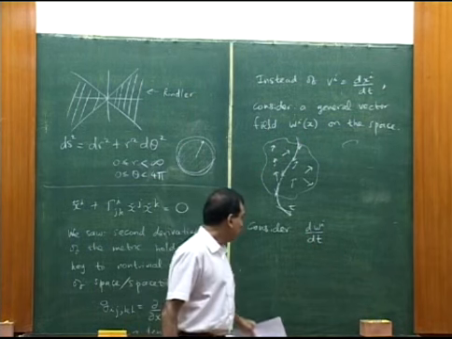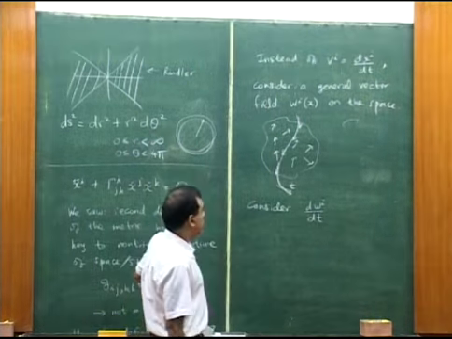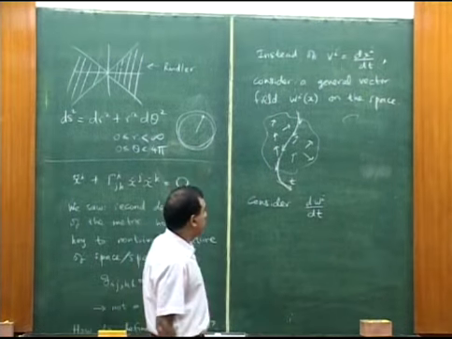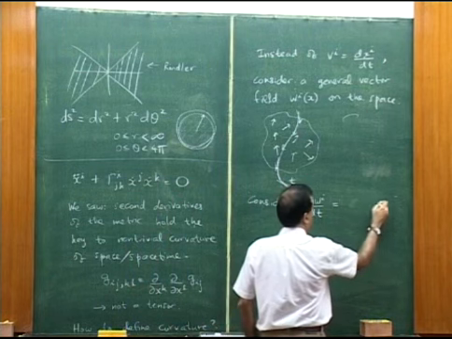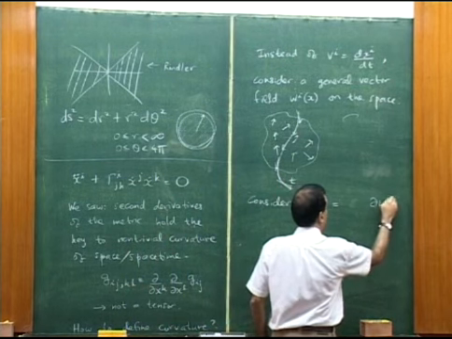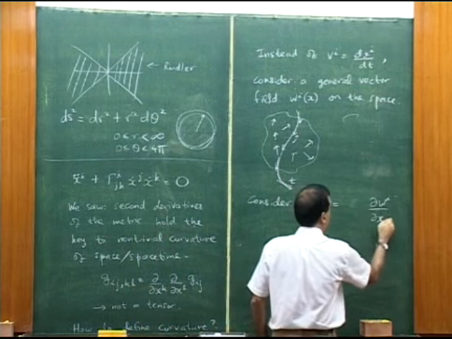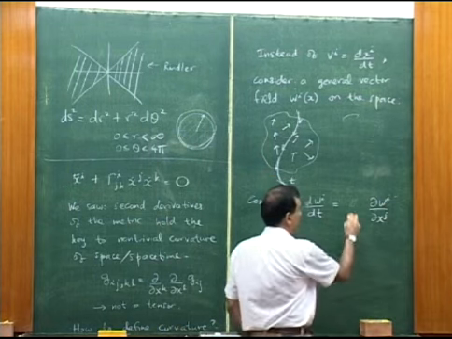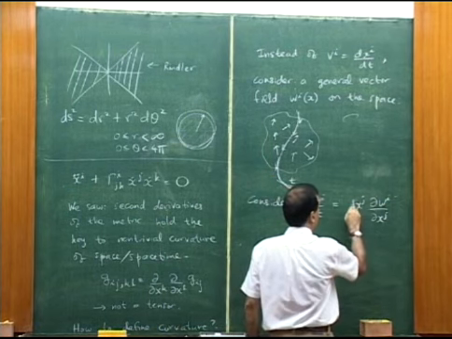Okay. Now first of all, it's useful to recast this as follows. This is equal to the partial derivative of Wi with respect to xj, since it's defined everywhere, I can take its gradient in xj and then dxj by dt.